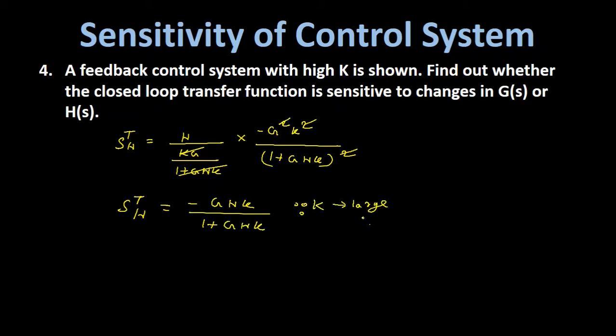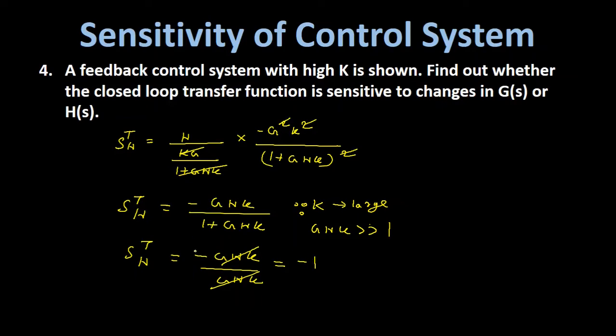Since K is a very large value, GHK will be much greater than 1. Therefore we can neglect the 1 as compared to GHK. So the sensitivity of T with respect to H is minus GHK divided by GHK, and this GHK cancels with this GHK, and we get minus 1.